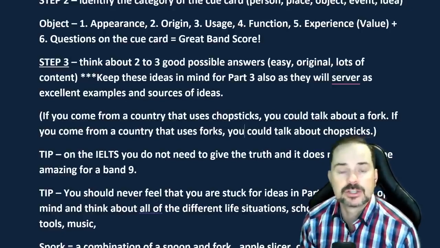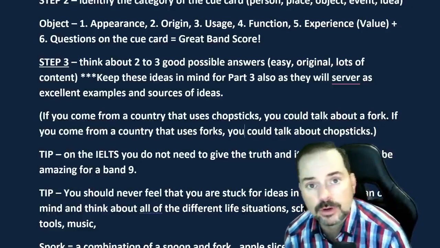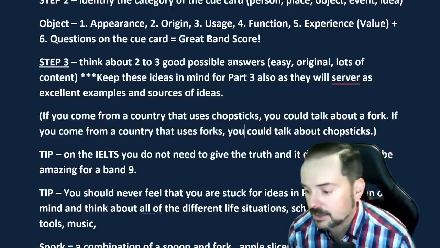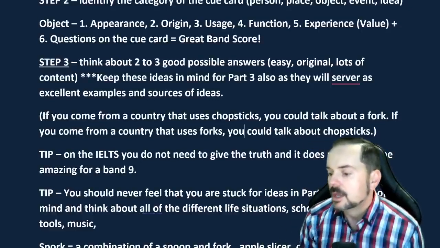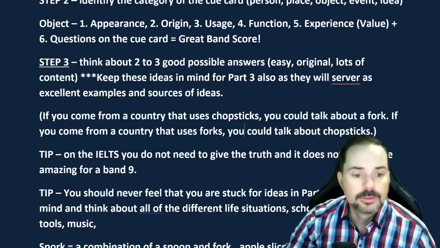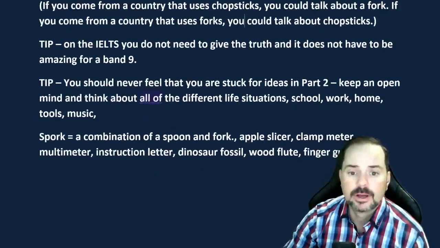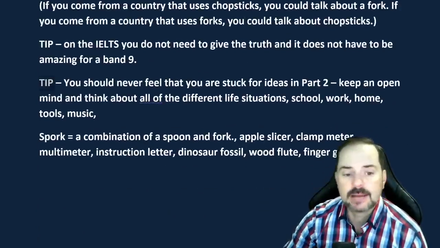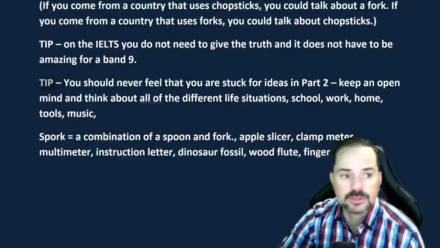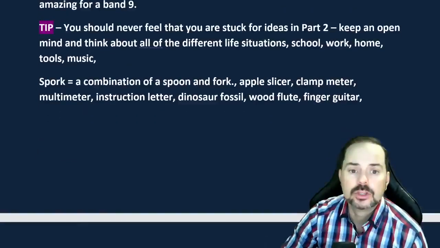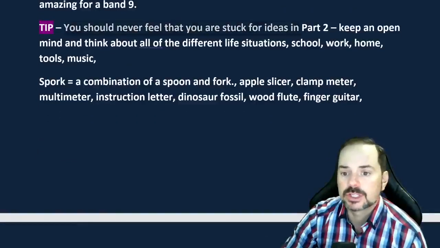The other day, I saw a very interesting dessert fork used for eating cake. Okay. Again, Zarina, this was a really important tip in this part, okay? Because I've seen this happen not just with this topic, but with even more common topics. You should never feel that you are stuck for ideas in part 2.